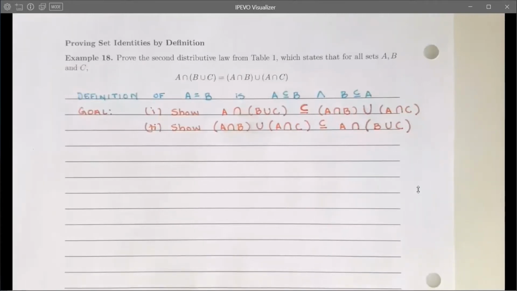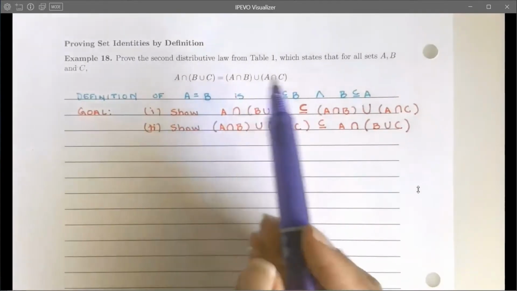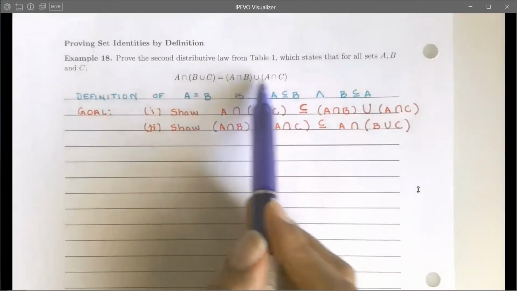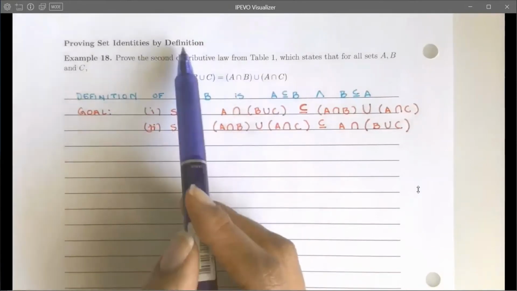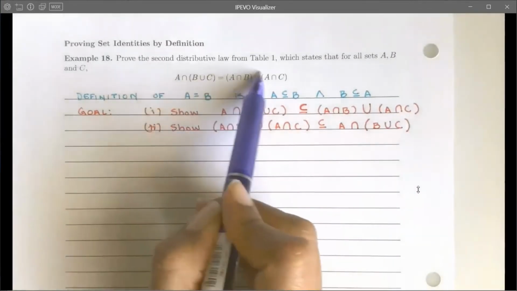So in example 18, they're asking us to prove the second distributive law from table 1, which states that if you take the intersection of the union, then you have the union of the intersections, and we're going to prove it by definition. So the definition of when two sets are equal: I'm not even focusing on this expression right now.